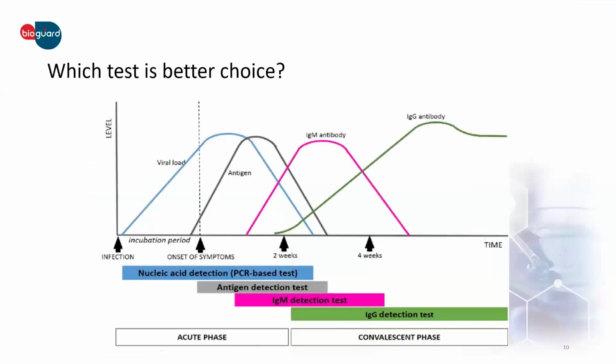So since every test has its advantages and disadvantages, which test is the better choice? There's actually no specific answer, because it depends on what kind of disease you want to test. Like we mentioned, if it's toxoplasma infection, detecting antibody is maybe a better option, because the shedding of oocysts from feces only appears for a short period of time.